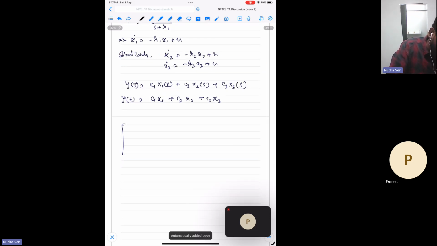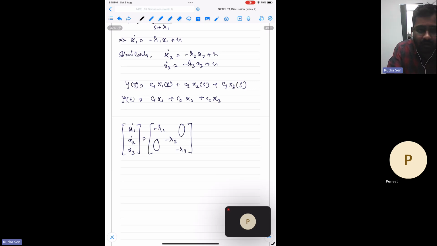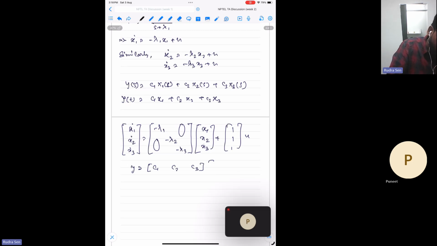Therefore, x1 dot, x2 dot, x3 dot is equal to the diagonal matrix with minus lambda 1, minus lambda 2, minus lambda 3. This means all the off-diagonal elements are 0, times x1, x2, x3, plus 1, 1, 1 times u, and y is equal to C1, C2, and C3 times x1, x2, and x3.